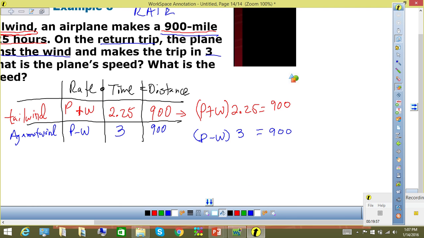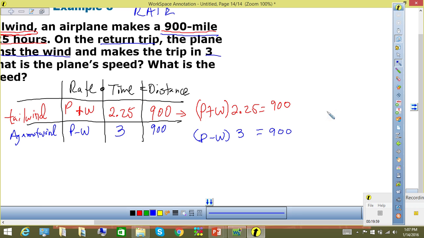In order to set them in standard form and start solving the system, we can either distribute, or what else can we do to get rid of this 2.25? Divide. So we divide by 2.25 each side. On this side we have P plus W equals 900 divided by 2.25. To save us time in our long division, that is 400.